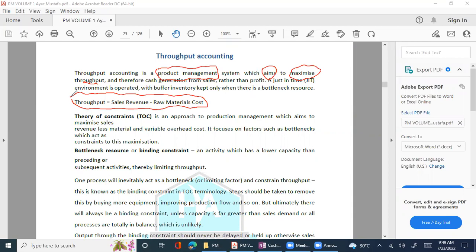Basically, theory of constraints means the bottlenecks. We know that in every business, in every life, there are a lot of bottlenecks, a lot of constraints. Just like if Apple wants to sell phones to the whole population of the world, Apple cannot do so.